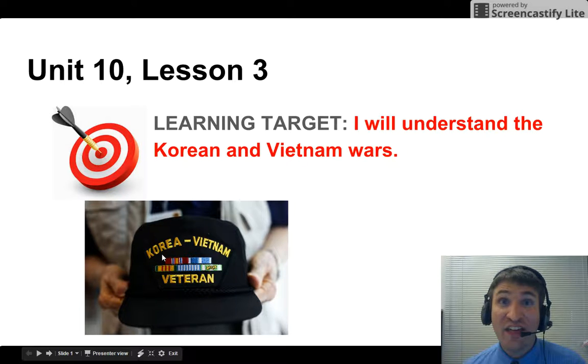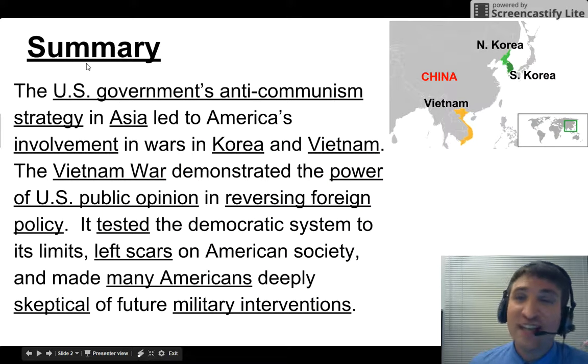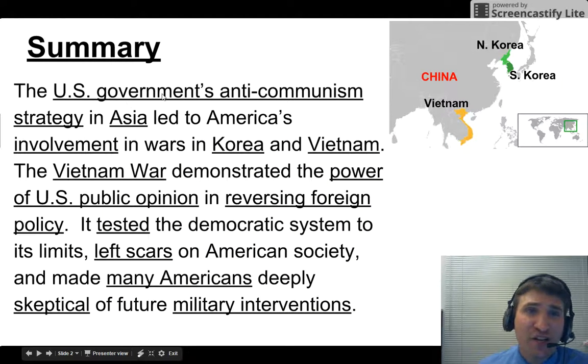Let's talk about why they started and why the U.S. decided to fight in these wars. In summary, the U.S. government's anti-communism strategy in Asia led to America's involvement in wars in Korea, there it is in green, the North and South Korea, and Vietnam, and there's Vietnam in yellow, south of China.